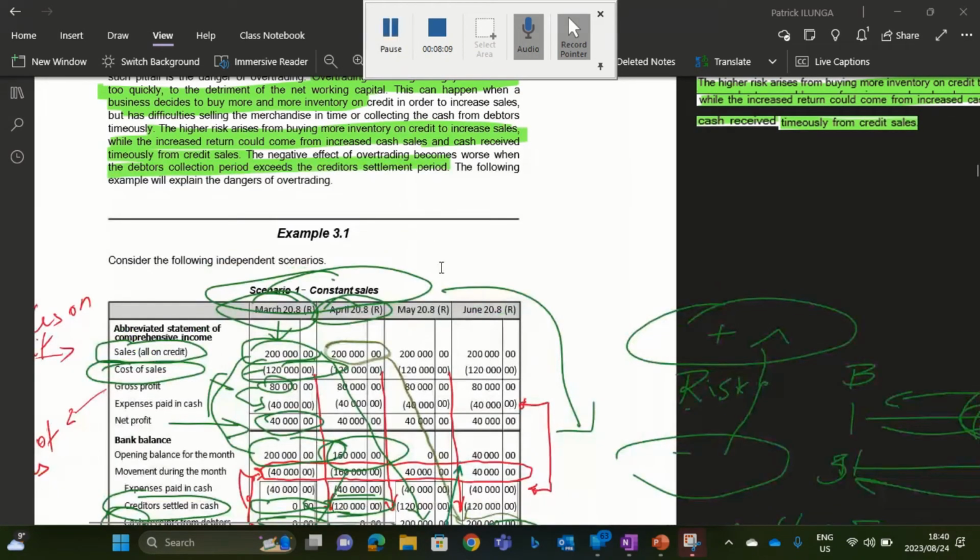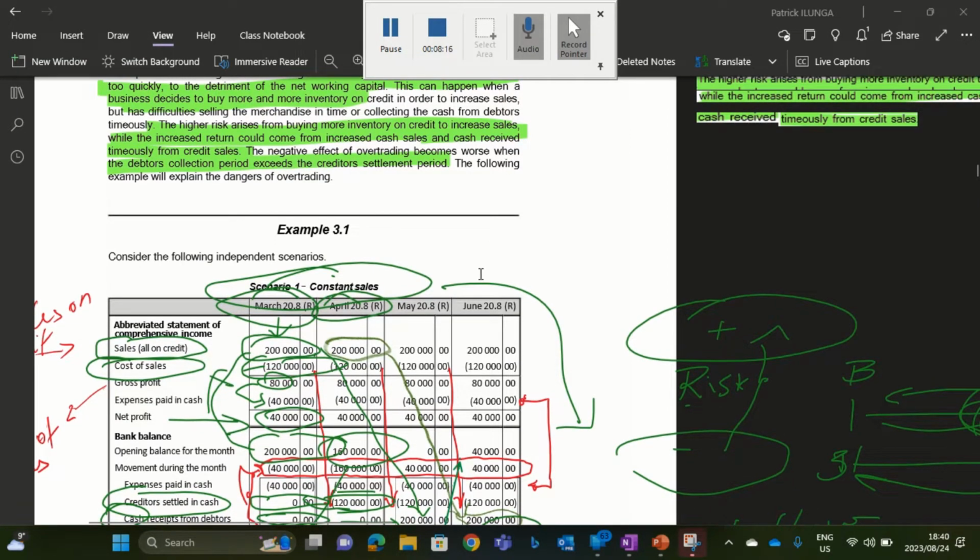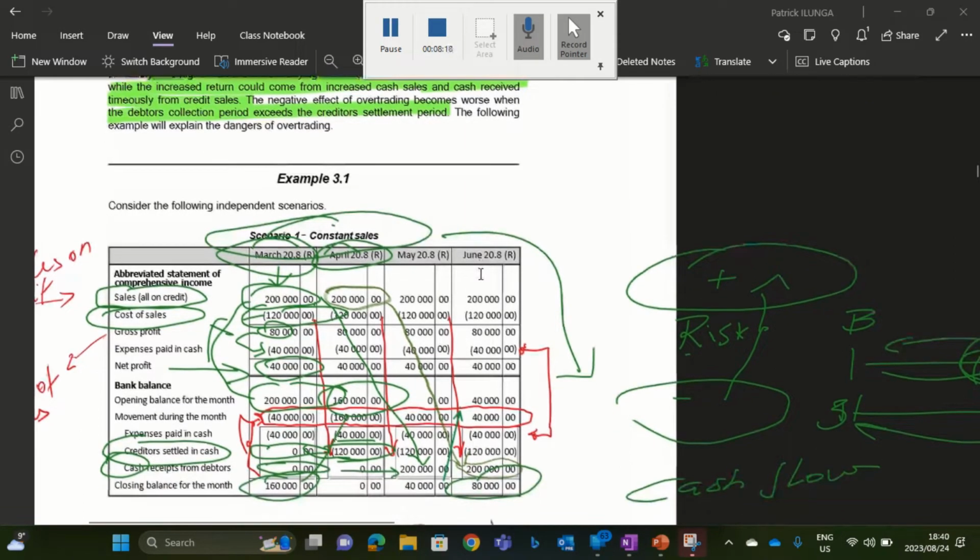Now, enough with the theory part. We need now to go into the practical part. So example 3.1 shows you exactly that. It's an example that shows you two scenarios, right? Scenario number one deals with constant sales.